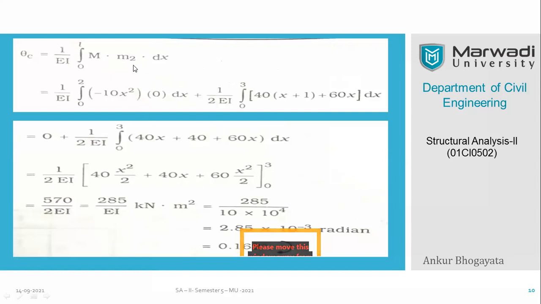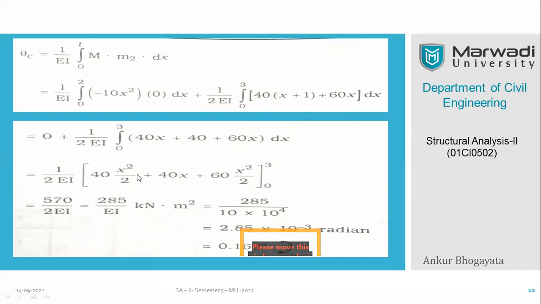So here you can see that the first term becomes 0, so there is no doubt about it. In the case of the second stage calculation, it is 1/2 EI, 0 to 3 meter is the length of integration, 40 into x plus 1 plus 60x. When you do expansion of this, you get this expression 1/2 EI, 40 x square by 2, because you need to integrate this term.